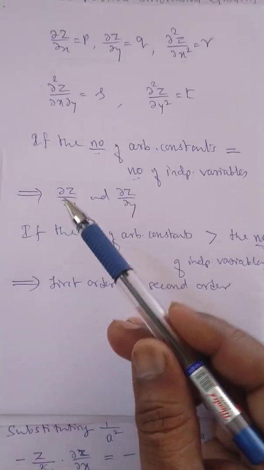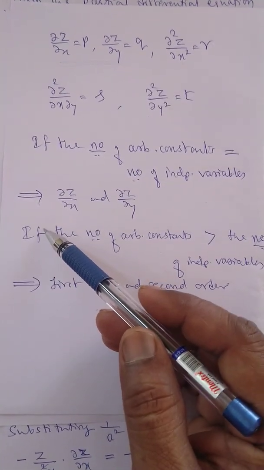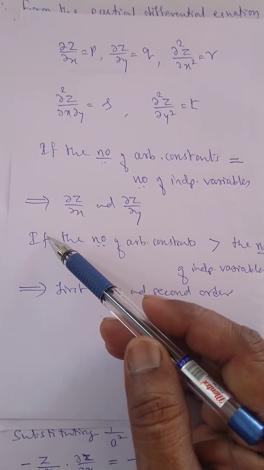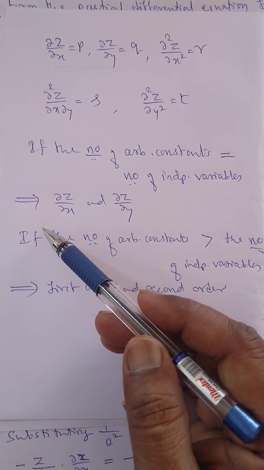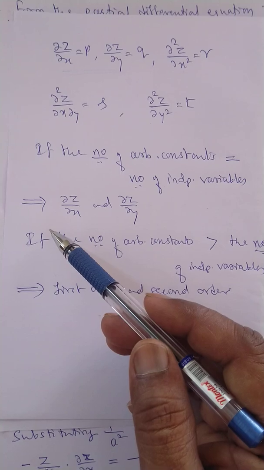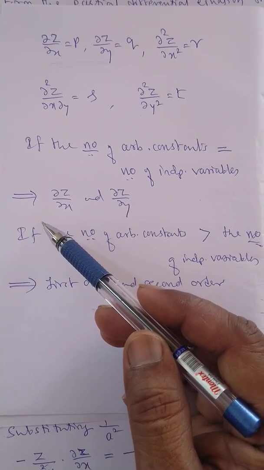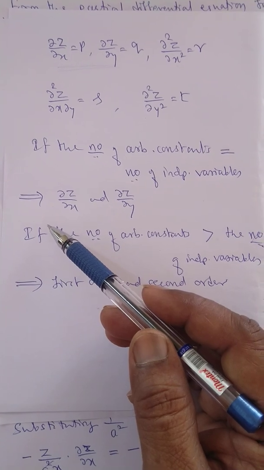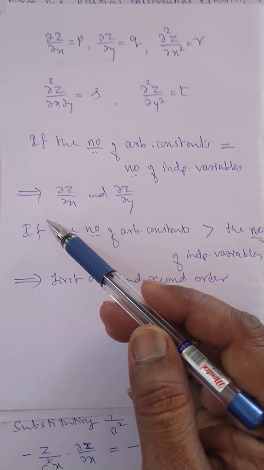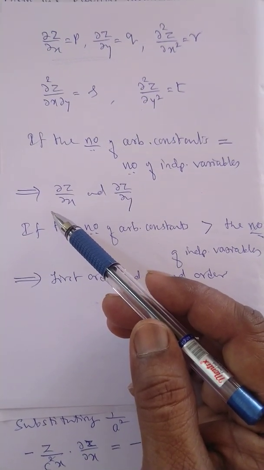As you all know, partial differential equations can be formed either by the elimination of arbitrary constants or by the elimination of arbitrary functions, because the solution to partial differential equations may contain arbitrary constants, or it may contain arbitrary functions.